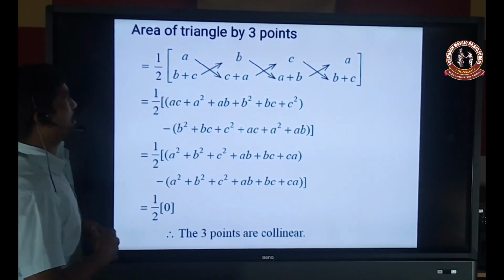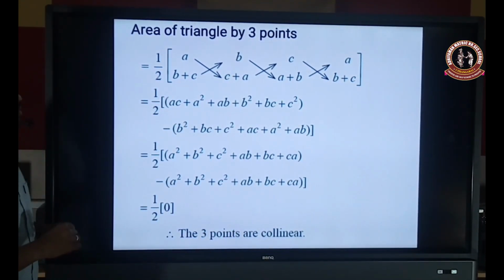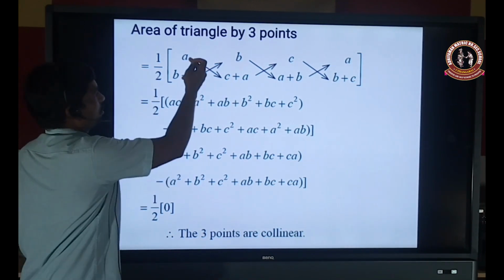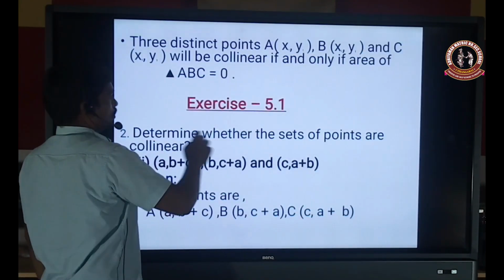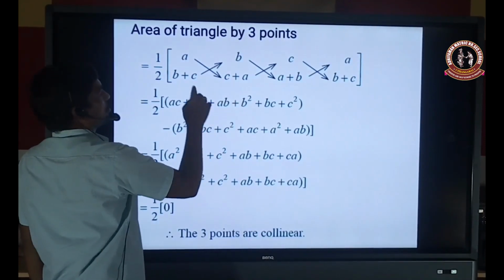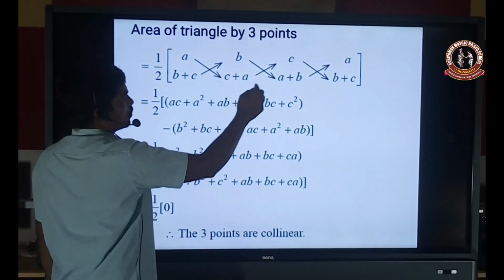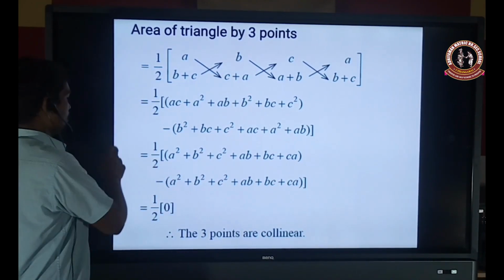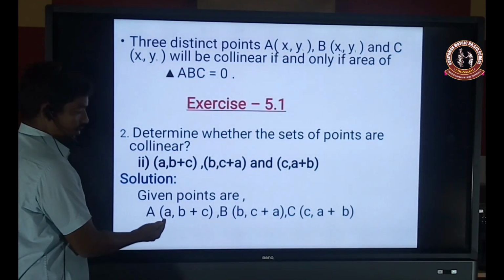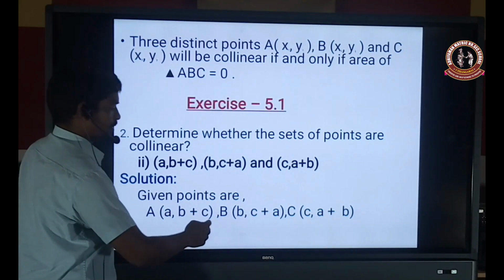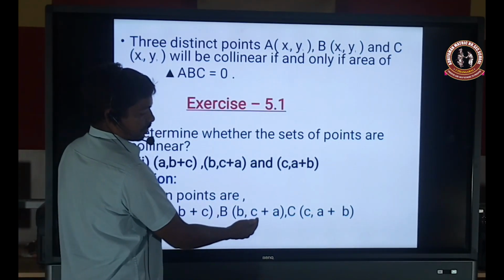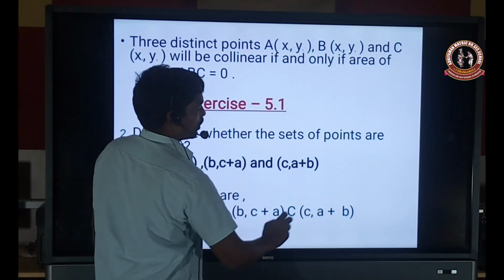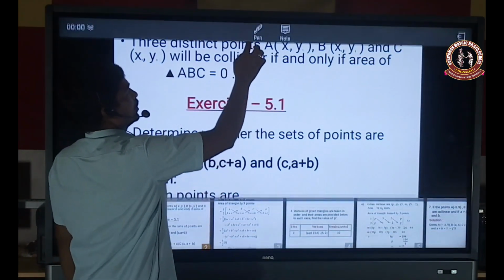So now the area of the triangle formed by 3 points is equal to 1 by 2 into the formula x1 y1, x2 y2, x3 y3, and x1 y1 again. We know the value of x1 is a, y1 is b + c, x2 is b, y2 is c + a, x3 is c, and y3 is a + b.